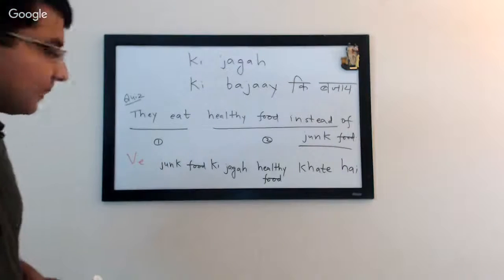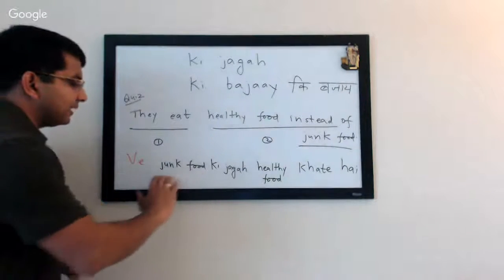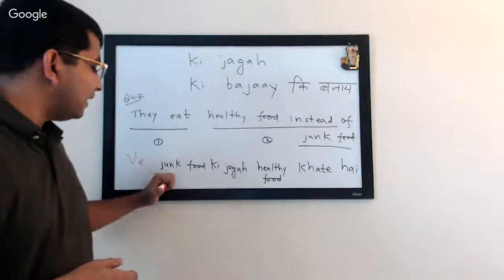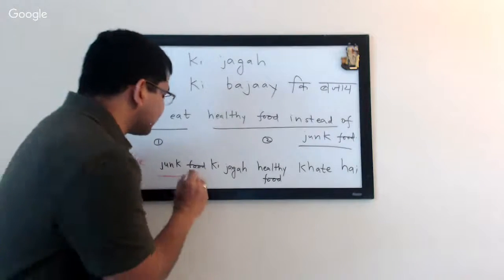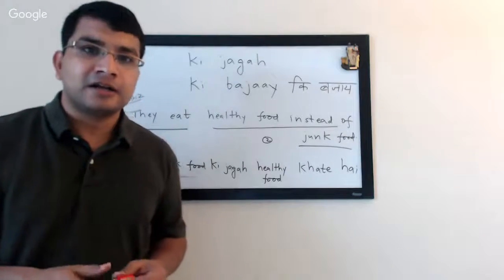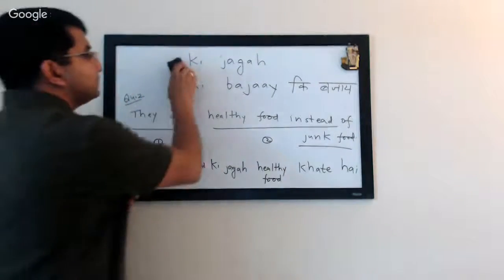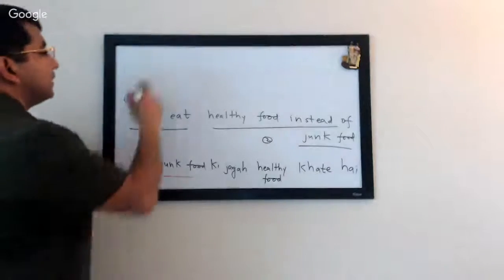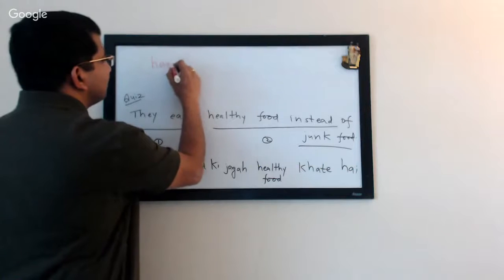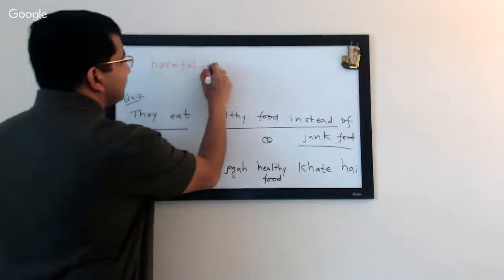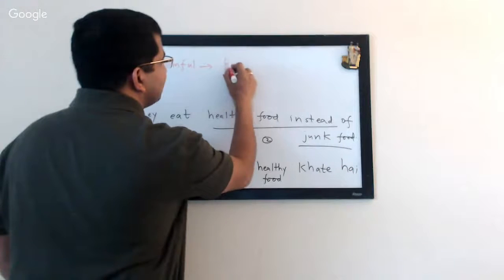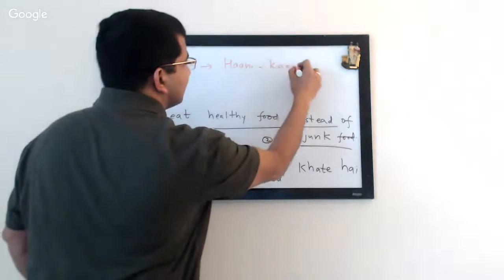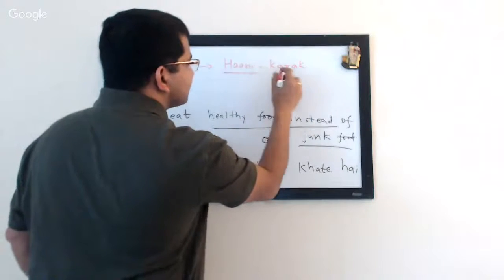Okay. There's also a generic term for anything which is harmful. I'm going to cover that, otherwise it's going to get very specific. Anything which is harmful, you call it hanikarak, right? Hani is actually loss.